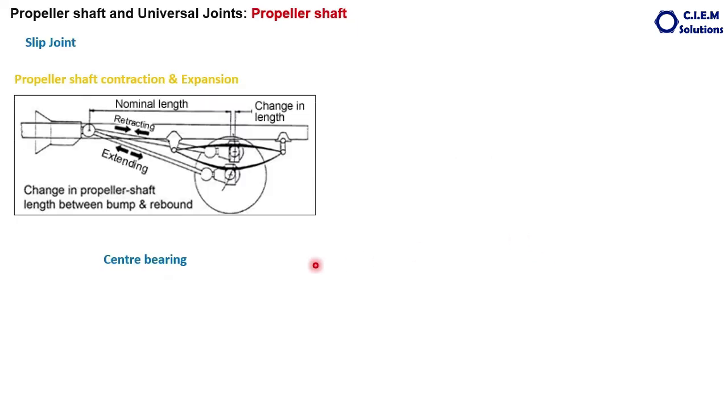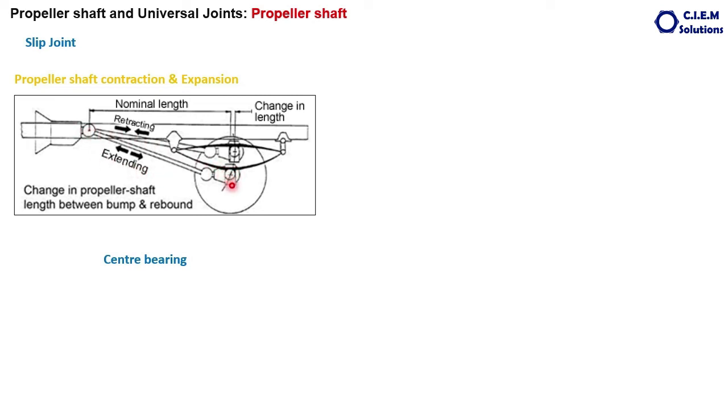Observe this. This is the wheel, this is the suspension. When we are driving the vehicle, roads will have a lot of ups and downs. When the wheel comes on a bump, it goes up. When it goes up, you can see this figure. This is the center point of the differential. This is the center point of the transmission.